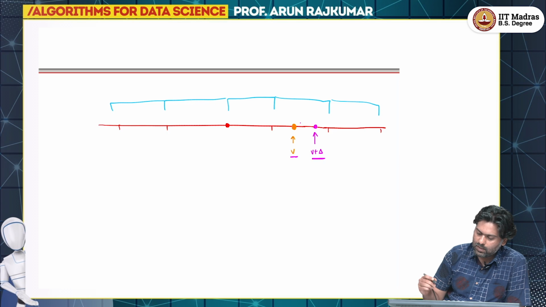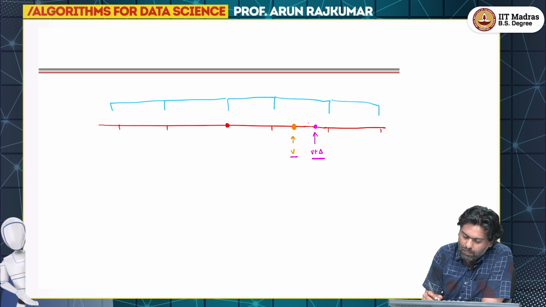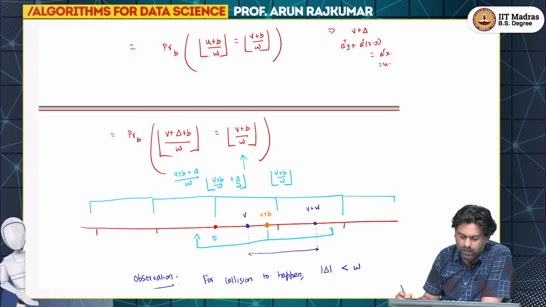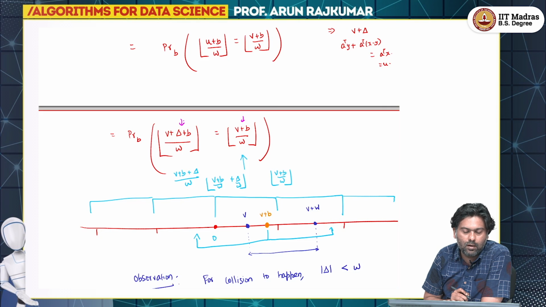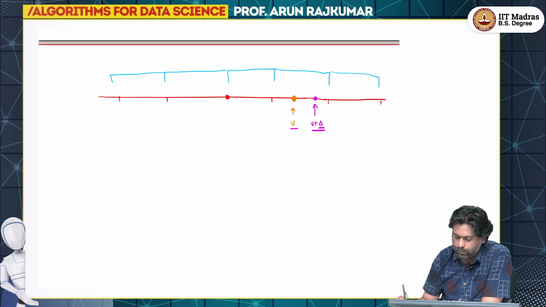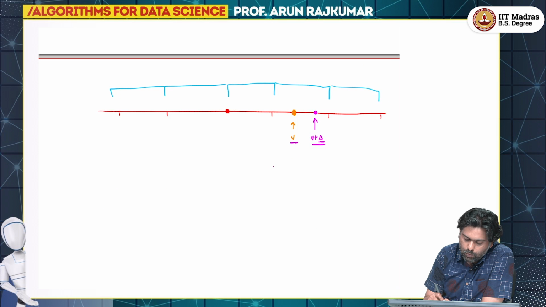So V plus B can maximum be W, but then the delta is already taken up by the left hand side, right. So there is no delta here, there is a delta here, right. The only remaining thing that B can be is, it has to be between 0 and W minus delta, right.